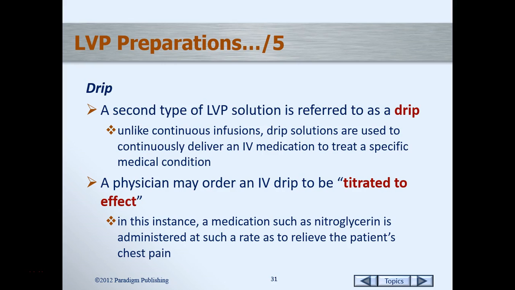So a continuous infusion large volume parenteral will be running at a specific flow rate, whereas the drip is going to have a goal, like the blood clotting test results come back at a certain parameter, or their blood pressure maintains at a certain level, or their sedation maintains at a certain level. That can vary throughout the administration, so it could be increased or decreased to maintain that effect.